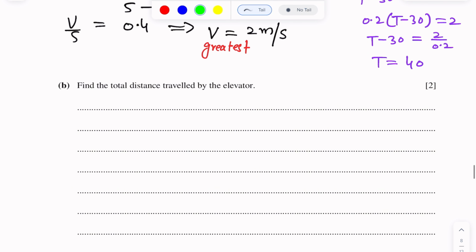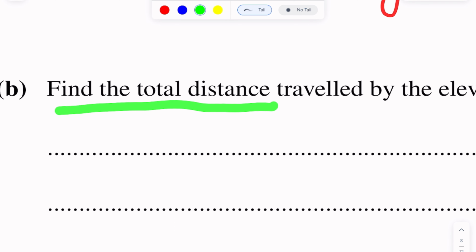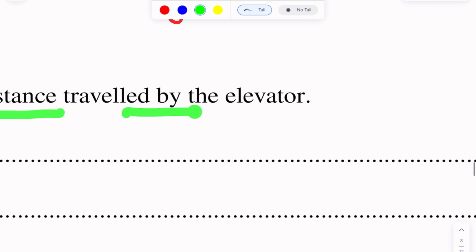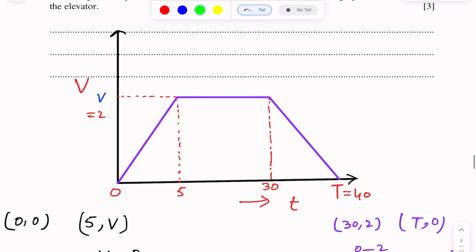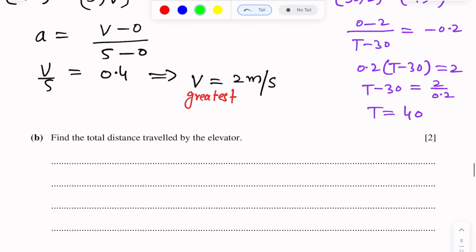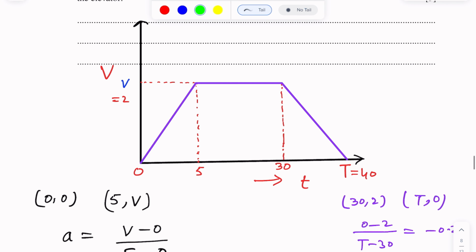In the next part we have to find the total distance traveled by the elevator. We know that in a speed time graph, the area under the graph gives us the distance traveled. So we will find the area of this trapezium, that will give us the distance traveled.